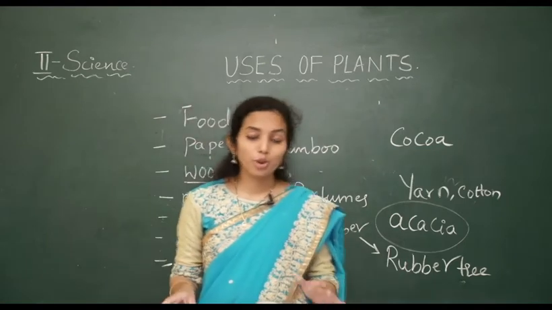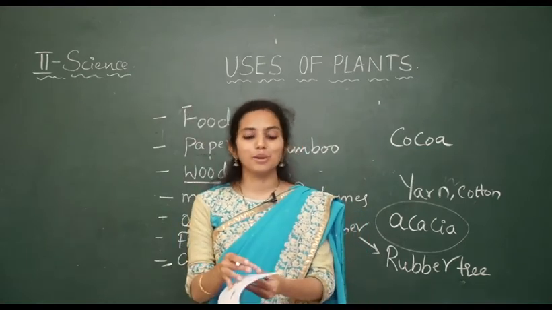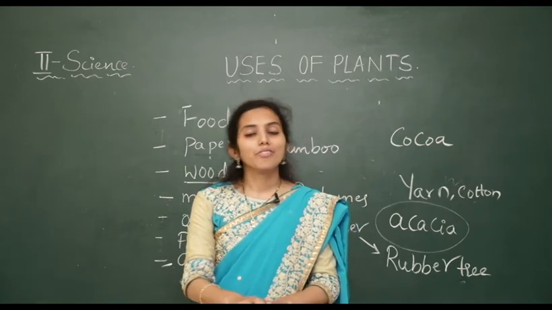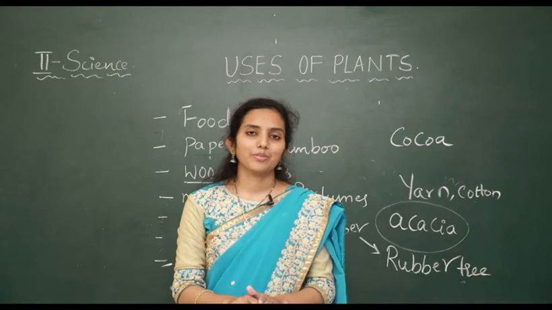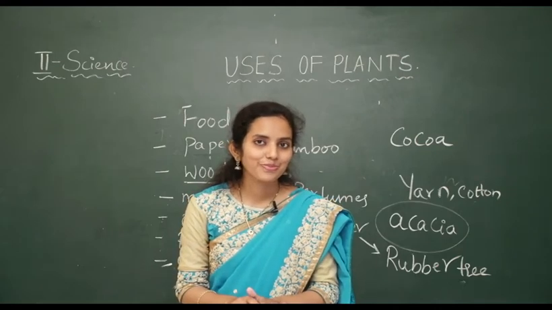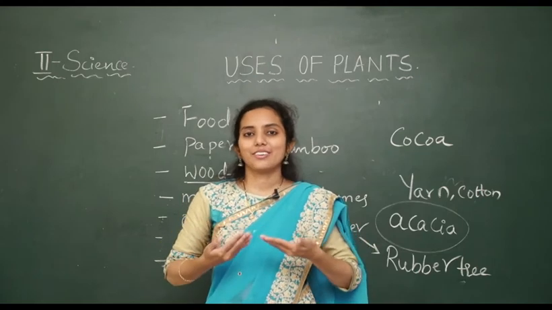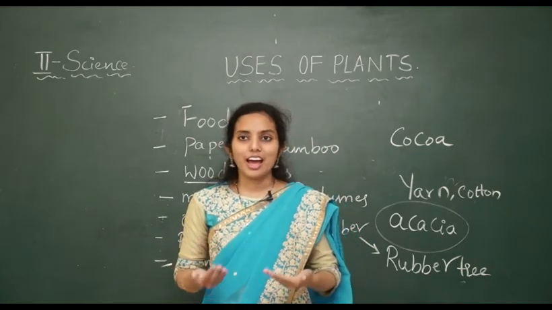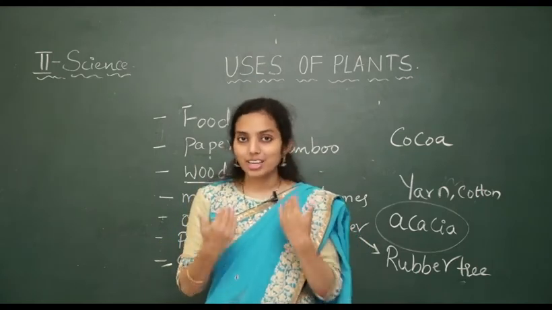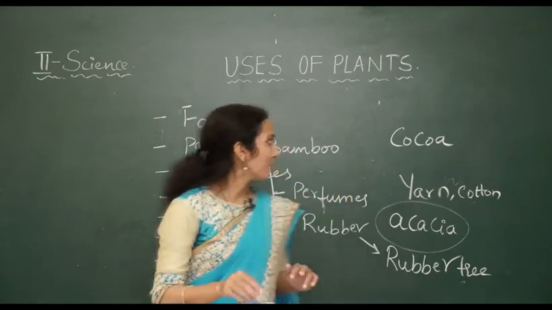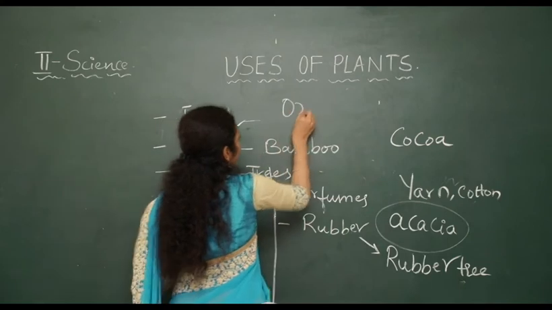And there is one more most important use of the plant, which only a plant can do for a human being. What is it? What do we need to breathe? We need air to breathe. And do we need air completely to live? No. What do we need? We need oxygen.